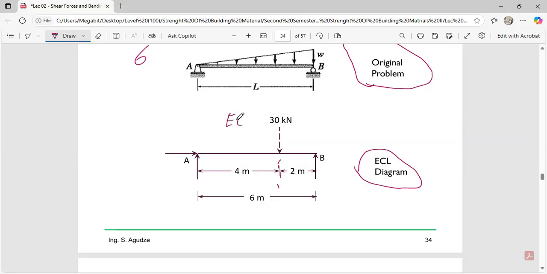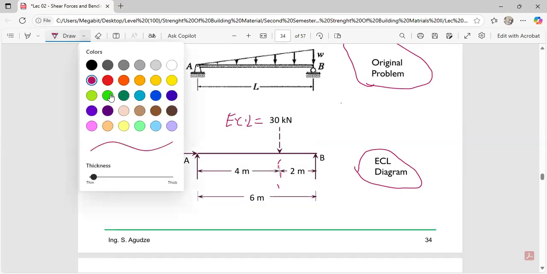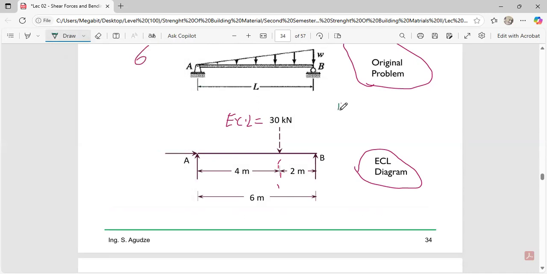The main purpose of calculating for the position is to just know the position of the ECL, where it is concentrated most. If you had chosen to calculate from the bigger end, it's just going to be 1 over 3 times the 6. Please let's all punch 1 over 3 times 6 on our calculators.